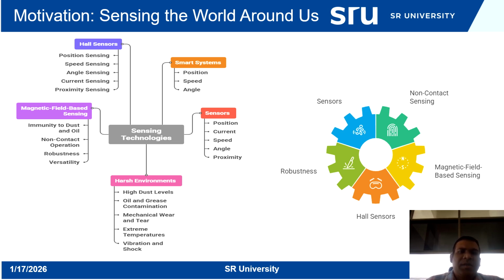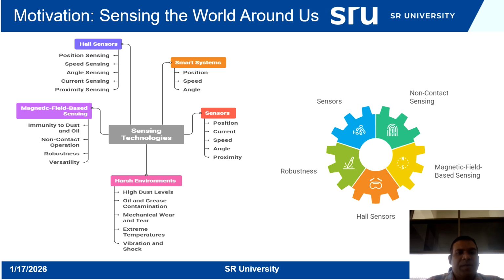This perception is achieved through sensors, which act as the system's eyes, ears and other sensory organs. Without accurate and reliable sensing, a smart system is blind and unable to make rapid decisions to take appropriate actions.